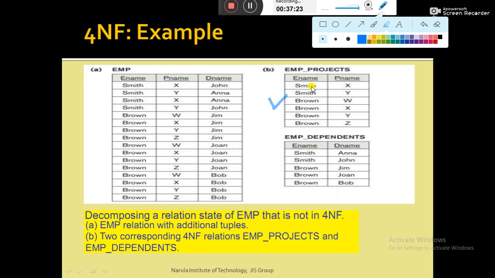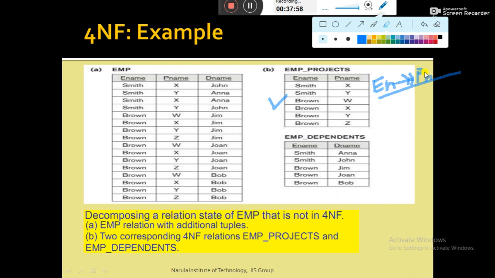Yes, for a particular value of ename we have multiple values of pname, so that means we can write ename multi-determines pname, so that means that relation has a multivalued dependency. Now check whether this multivalued dependency is trivial or non-trivial.